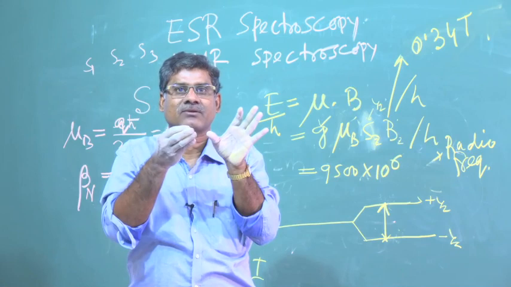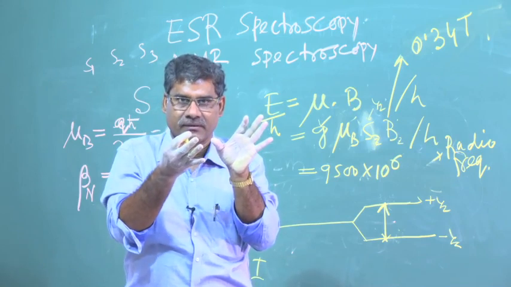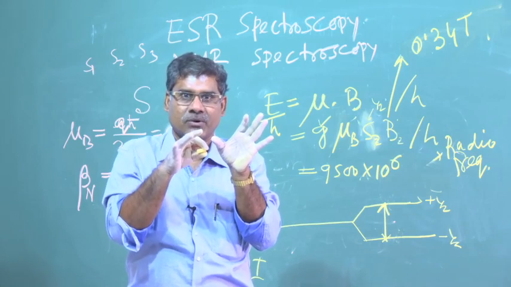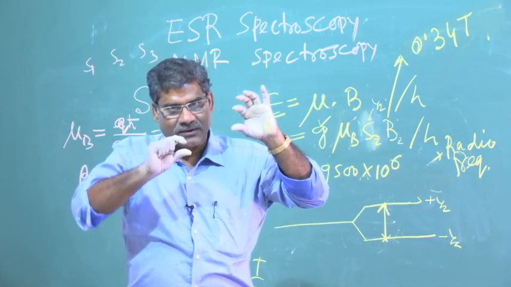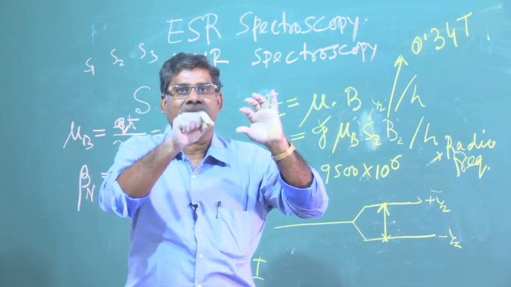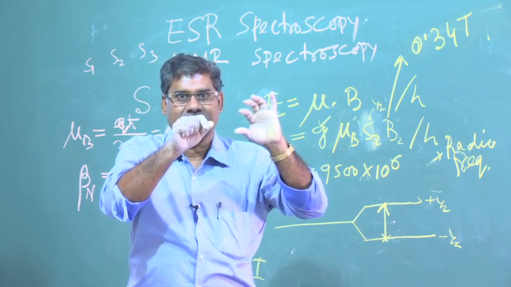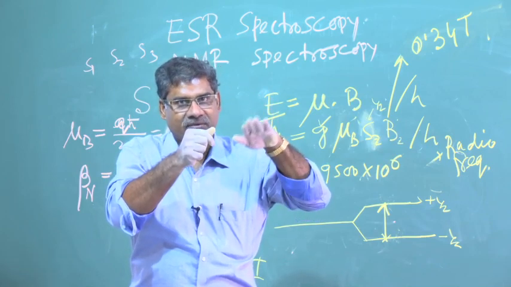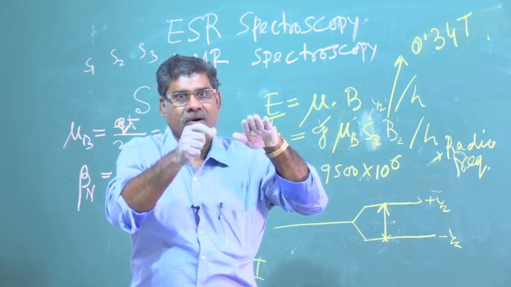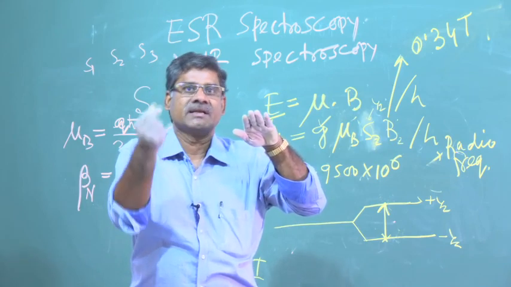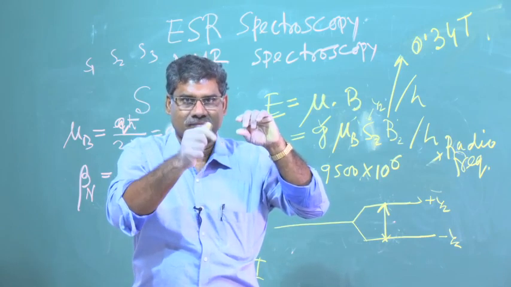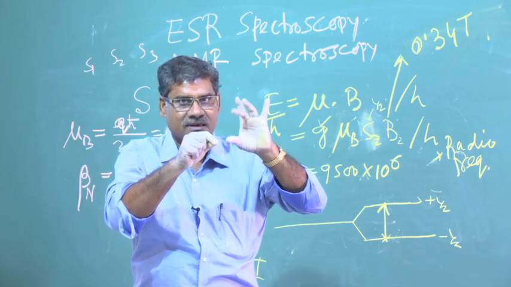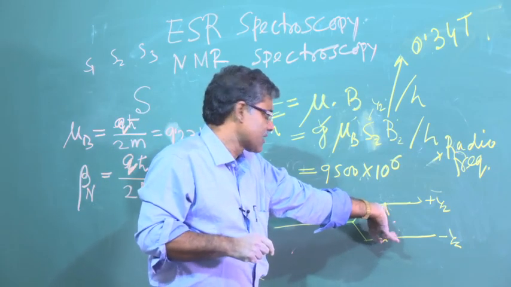In that case we use microwave radiation, an external signal we put on it, and either we can vary the frequency of the incident signal or radiation, keeping the magnetic field fixed, or the other way, putting radiation of a particular microwave frequency, we can just change the magnetic field. So, this separation will change.